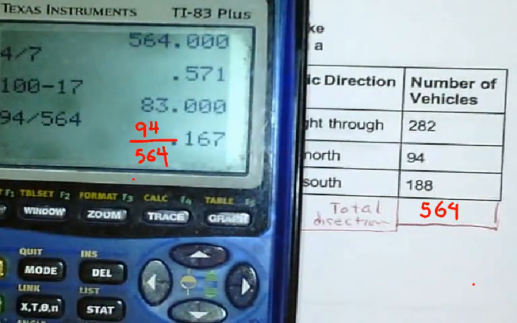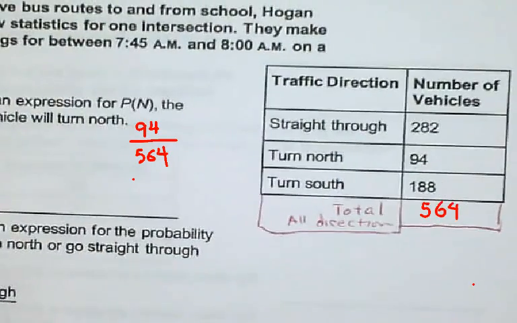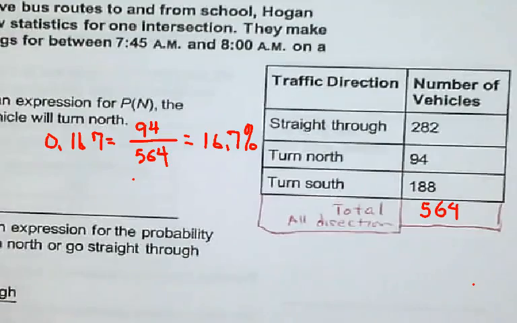So well, you can write the probability as a decimal, 0.167. You can write it as a fraction. You can write it as a percent, 16.7%. So 16% of the traffic turns north, right?